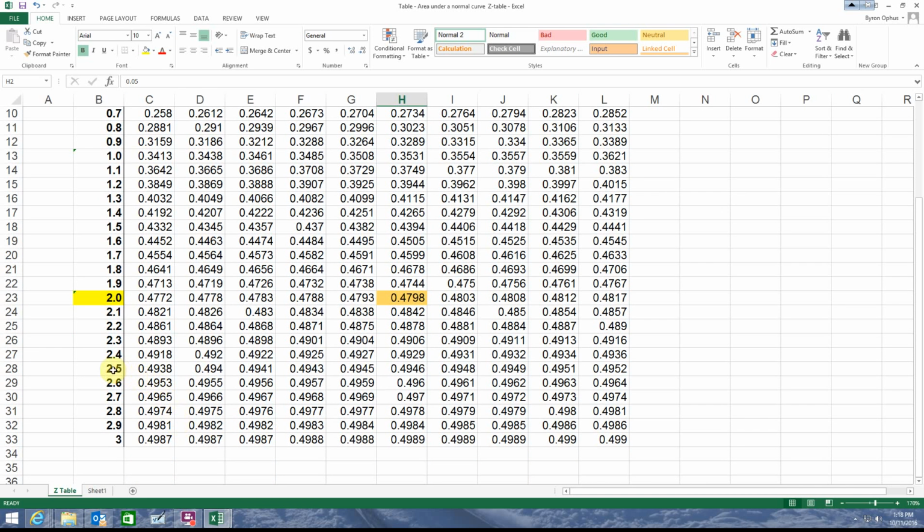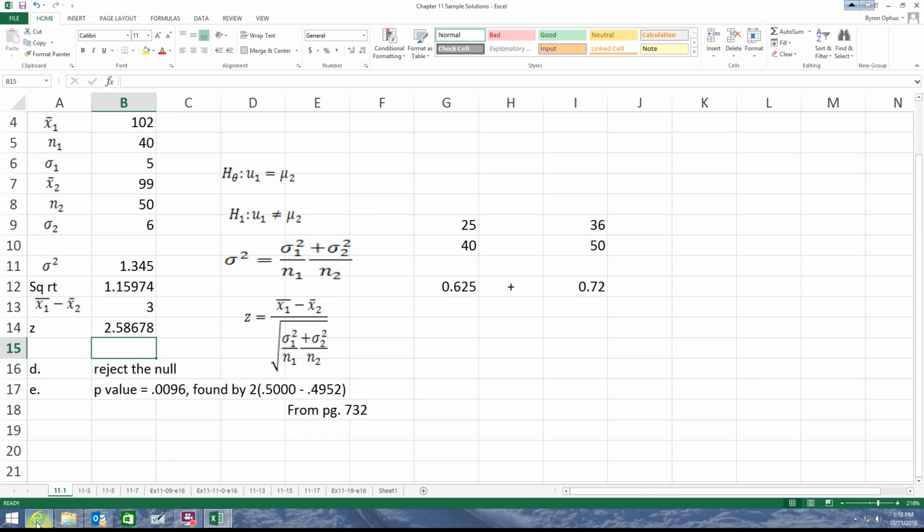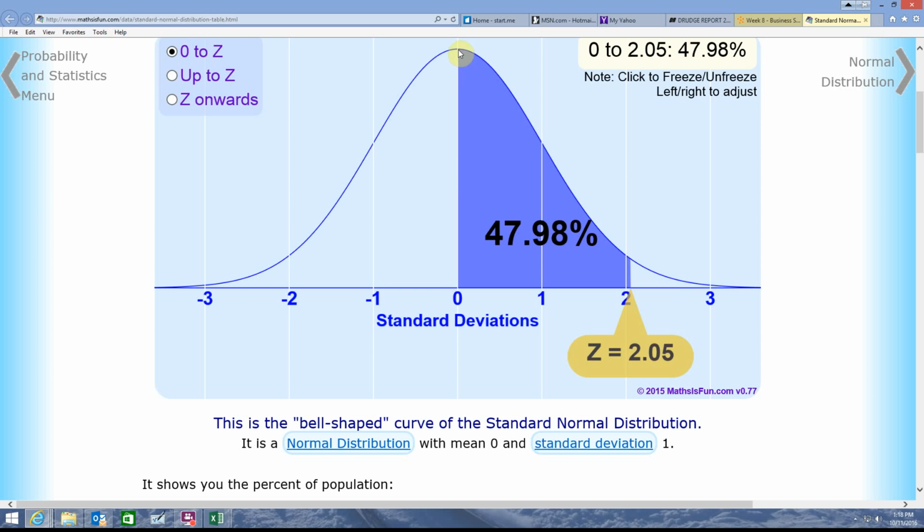So I come here, 2.59 is way out here, and it's 0.4952. Remember, that's based on the midpoint. So 0.4952 corresponds to a z of 2.59.